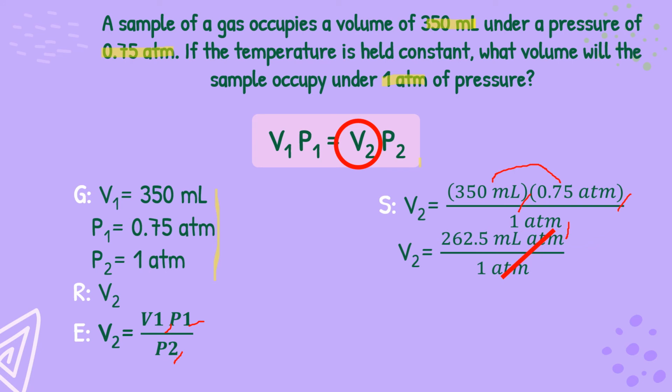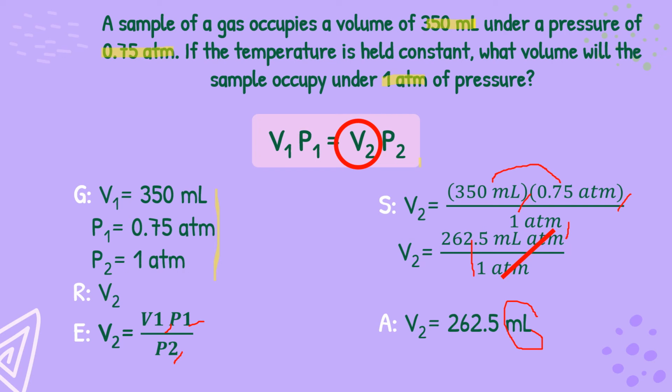262.5 milliliter atm if we multiply the 350 by 0.75. Now all you have to do is to divide 262.5 by 1 atm and we will come up with 262.5 milliliter. Now how do we get this milliliter?